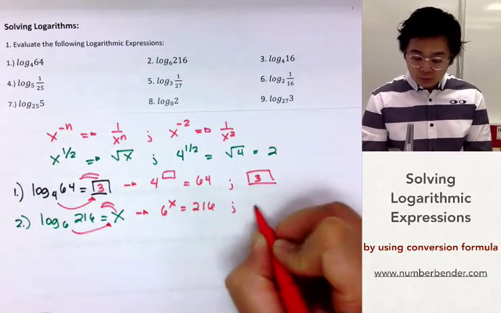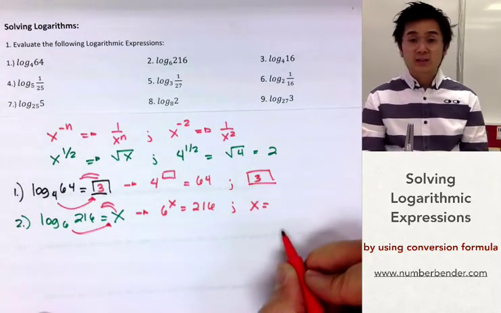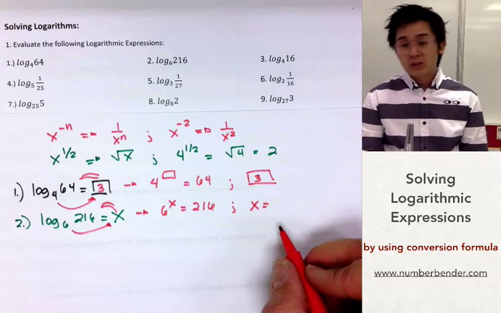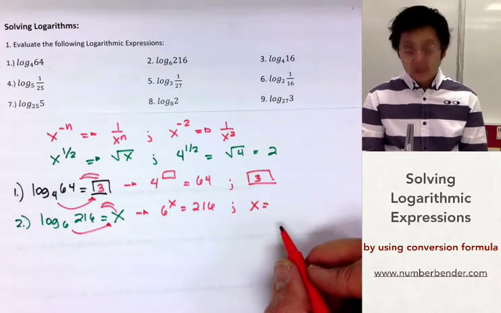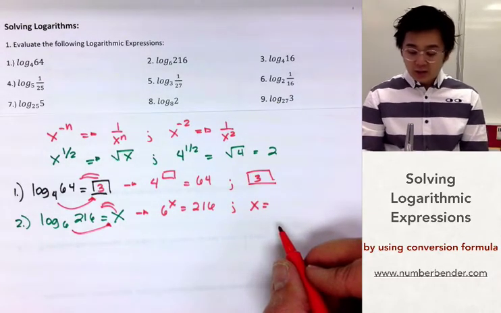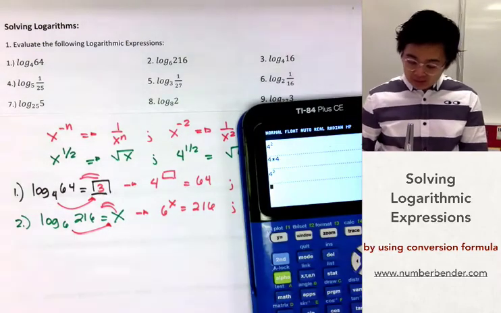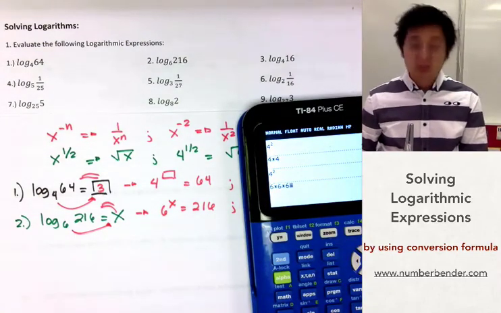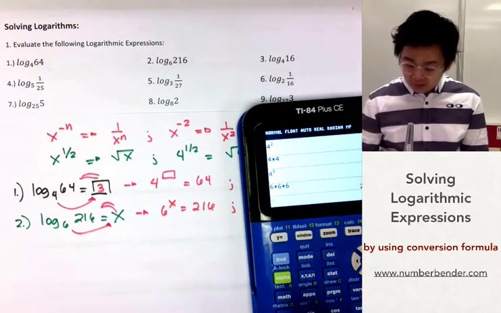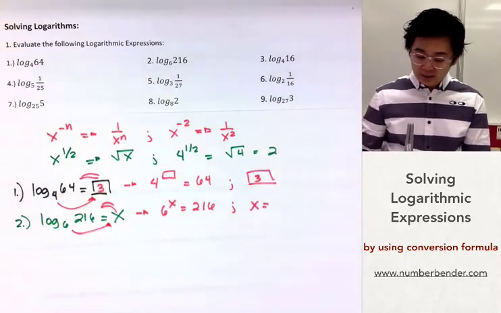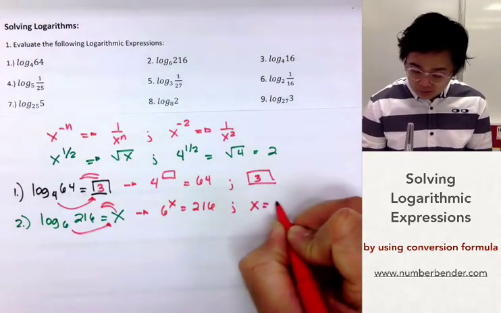So the exponent that we're looking for, which is x, cannot be 2 because if it's 2, 6 squared is 36. So if we use 6 times 6 times 6, which is 6 raised to 3, we will have 216. So that means the exponent that we're looking for is also 3.